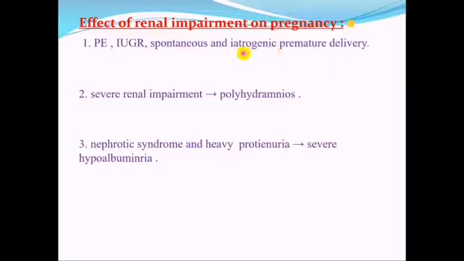Patients who have severe renal impairment with hypertension have less than a 50% chance of a successful pregnancy because of severe, early onset preeclampsia, or severe intrauterine growth restriction.